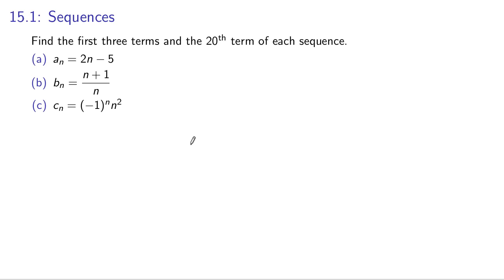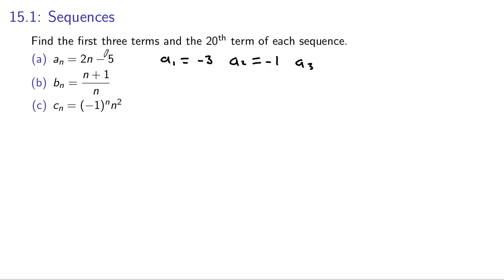So let's find the first 3 terms and the 20th term of each of these sequences. Each of these sequences has a general formula. We just need to plug in and find the output. It's almost like a function. So for a sub 1, the first entry, we put in 1 for n. So we have 2 minus 5, which is negative 3. A sub 2, put in 2 for n. 2 times 2 is 4, minus 5 is negative 1.